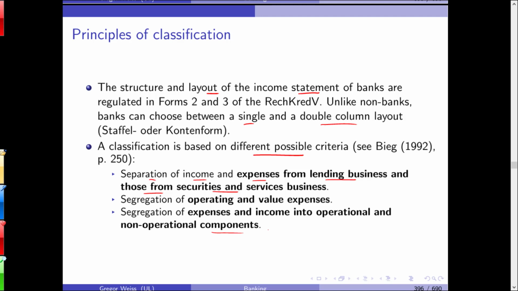So what they do is they simply calculate the ratio of interest versus non-interest income. If the bank earns a lot of money from interest business and interest-bearing products, it's a traditional commercial bank. If they earn all of their income in non-interest fees and commission, it's supposedly an investment bank. So if you ever see an income statement of a bank, interest and non-interest income will tell you a lot about the type of business model the bank is running.